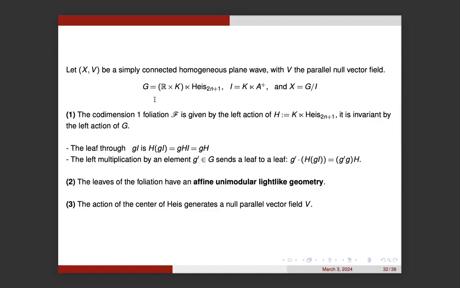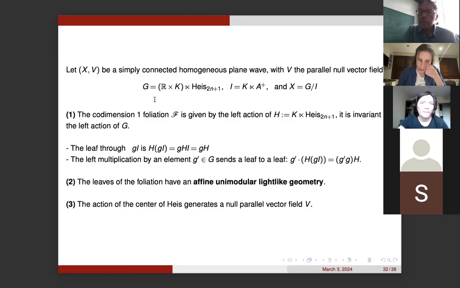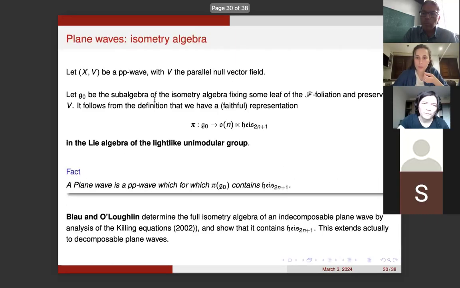When I consider a homogeneous plane wave, I said that locally I always have local isometries which form the Heisenberg algebra.